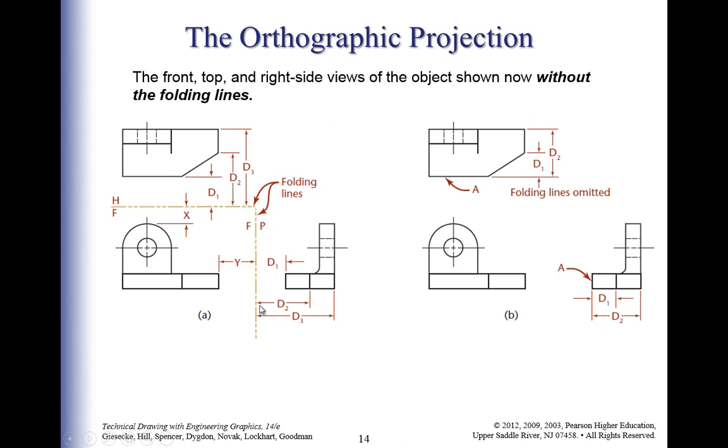D2, that's exactly the same distance, and then D3 is exactly the same distance. Okay? And then you just hide your fold plane lines, and this is what it looks like.